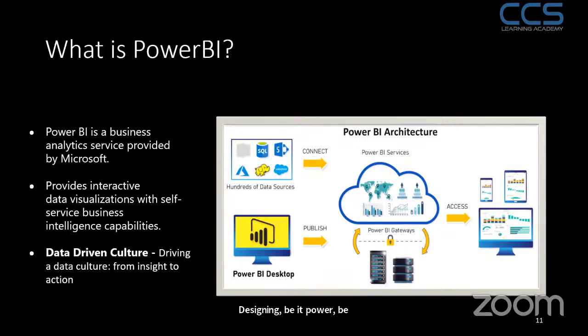So they have made this standalone application, and we call Power BI a self-serve BI because it has an inbuilt ETL tool. That is, it can extract the data, it can transform the data, and finally you load it into a model so that this model can be used for your reporting purpose. So that's the point which is mentioned here: data visualization with self-service business intelligence capabilities, and also driving a data culture from insights to action.